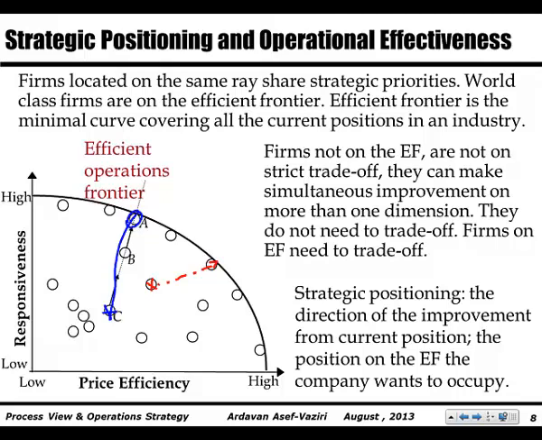They want to improve their cost efficiency strongly and improve their responsiveness slightly. However, if this is their strategic positioning, they want to improve their cost efficiency or price efficiency slightly, but their responsiveness profoundly.